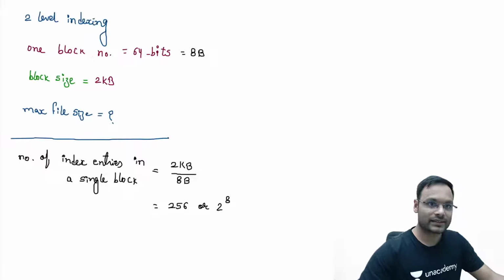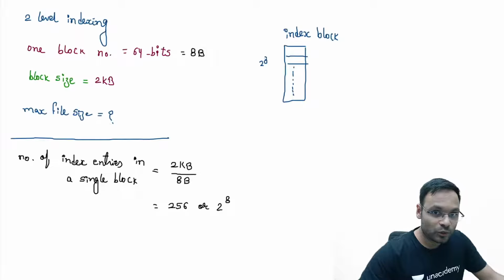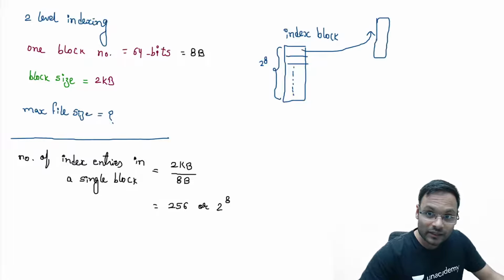Now look at this. You will have a first level index block. That index block has how many entries? 2 power 8 entries. Now each entry will lead you to another block, which is another index block.